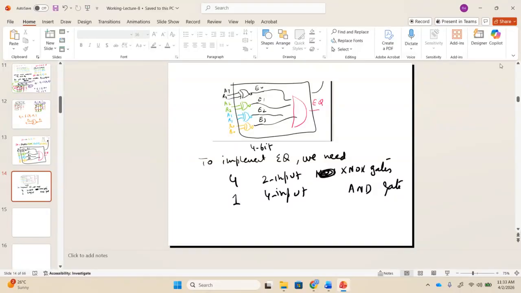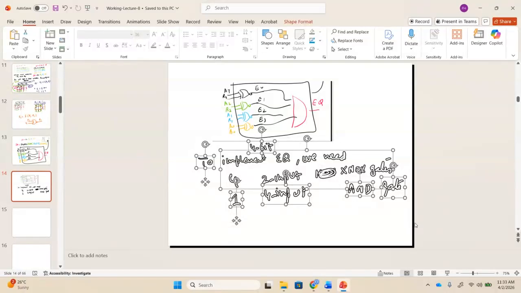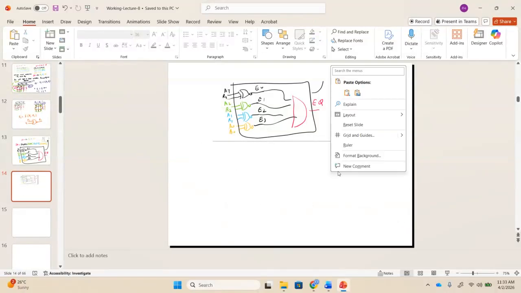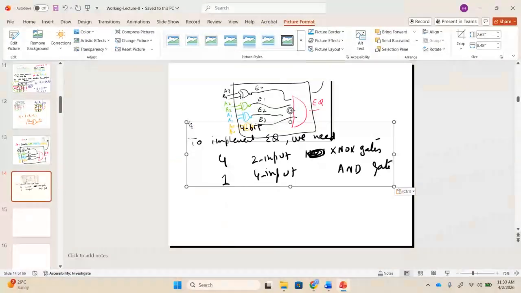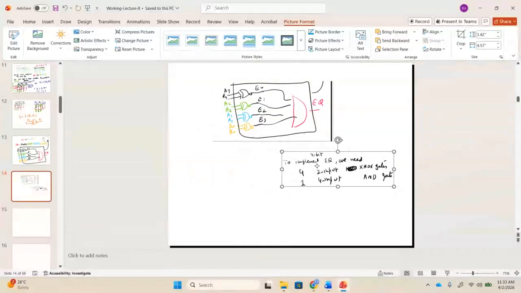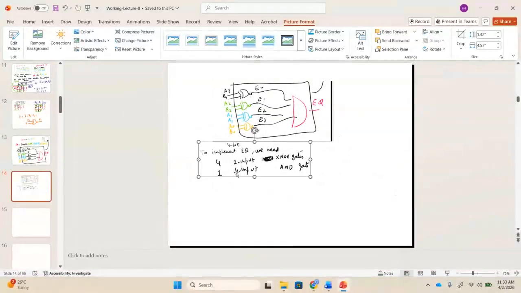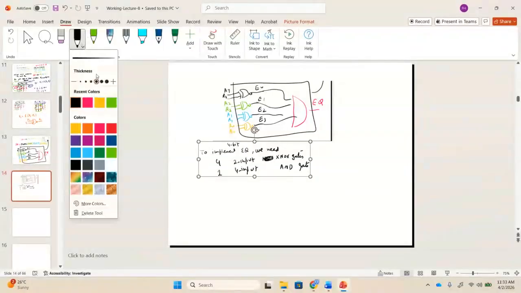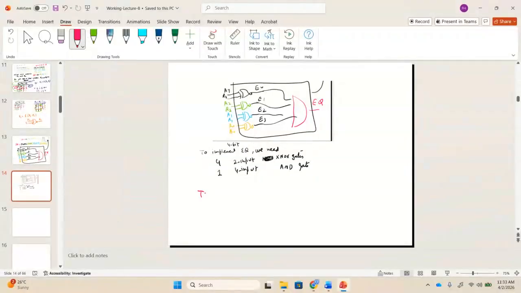So in general, can we say in general? So what I'm going to do is now in general. Control X, and then I'm pasting it here as an image so that you know. If you want to implement an n-bit equal operation, what do we need?